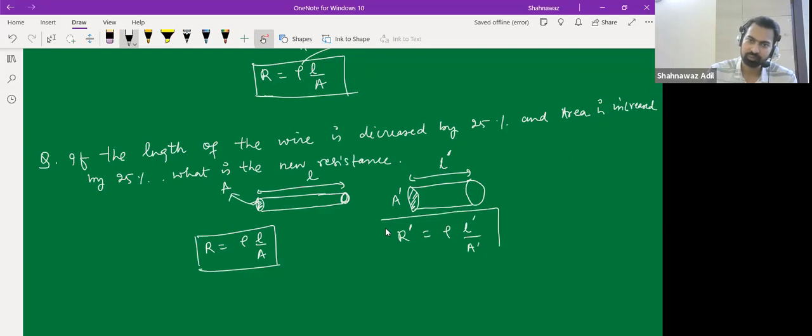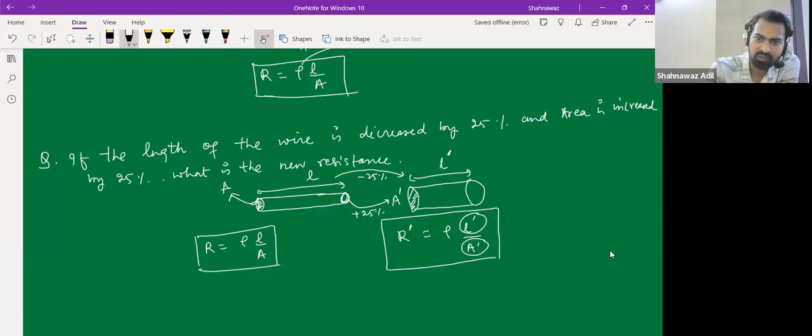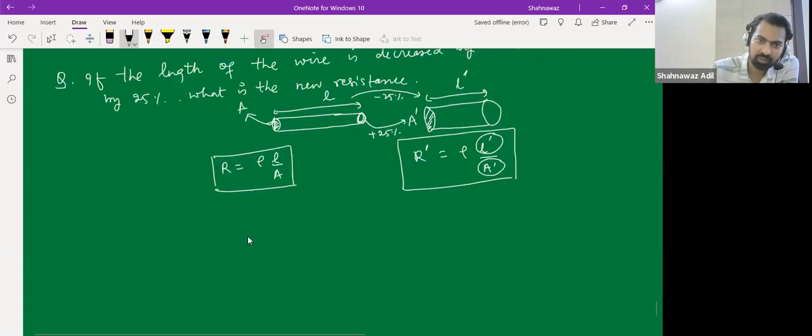Okay. Now what is the thing that we need to calculate? So we need to calculate what is L prime and what is A prime, right? So this is decreased by 25%, and this is increased by 25%. Okay. So now let us find the L prime.